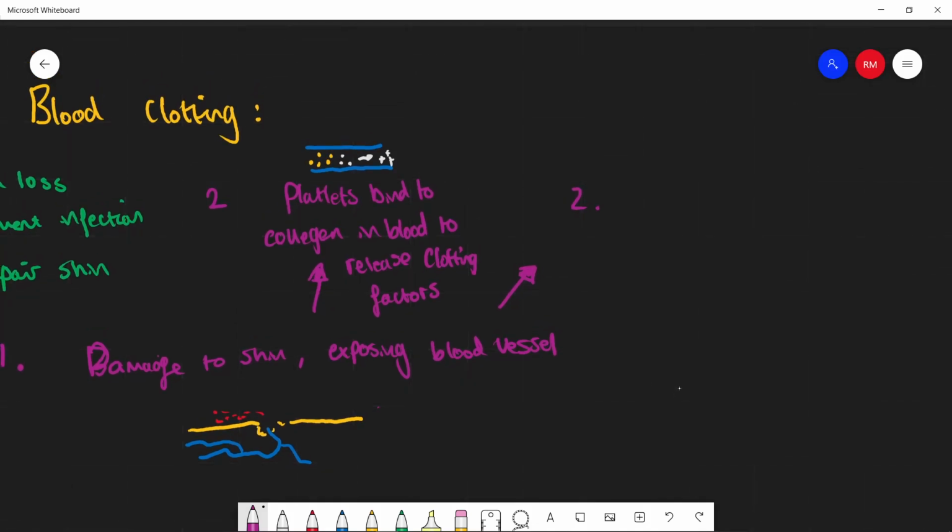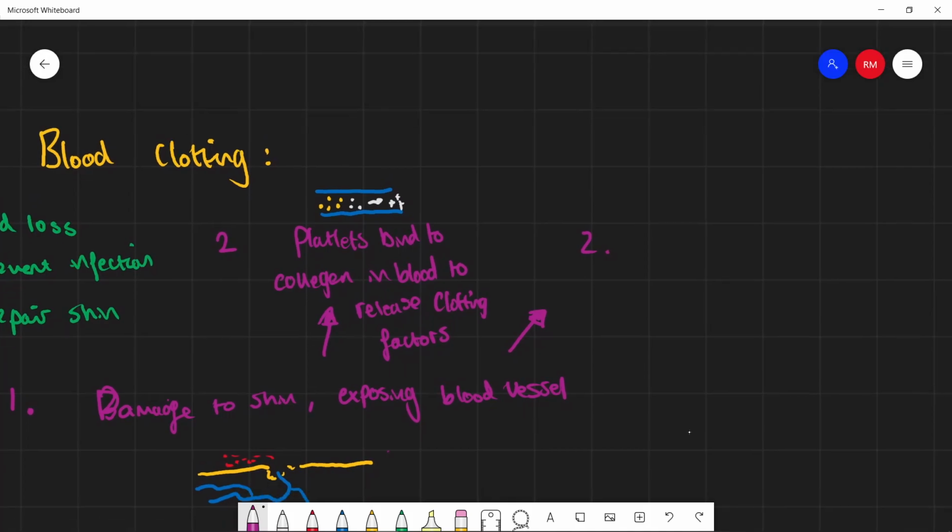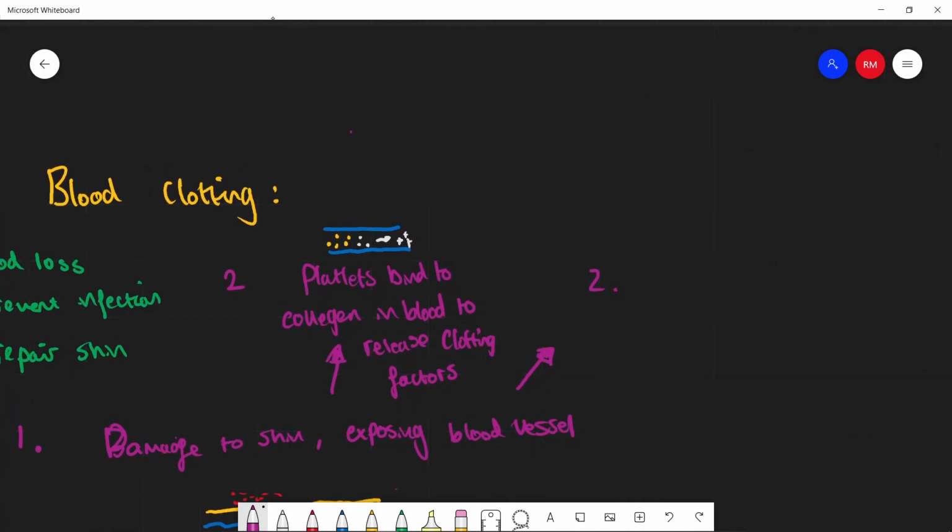Whilst the clotting factor process continues, in the meantime we can have a temporary platelet plug where the platelets will rush to the exposed site and try to fill the plug.